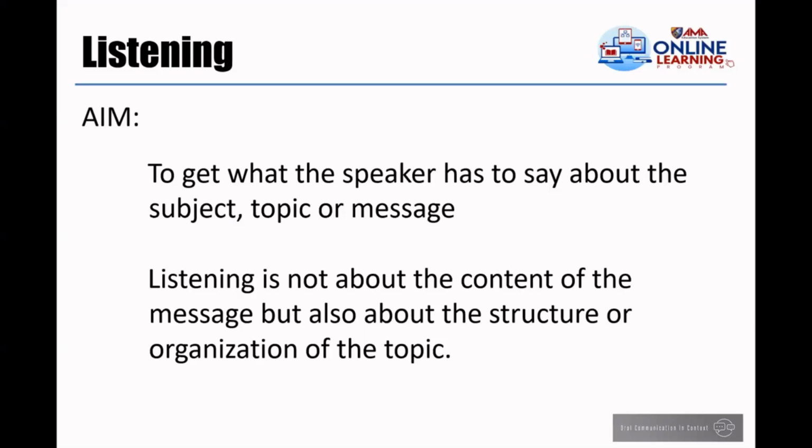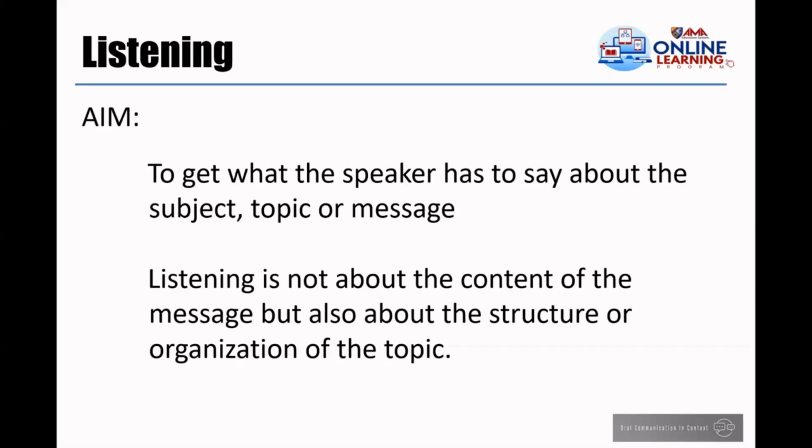If we are talking about the element of the message, it is about the verbal or nonverbal signals, signs, and symbols that were used by the speaker in creating the message. And then for the structure, that is about the organization of the message or the chronological order or the process of how the message is constructed.